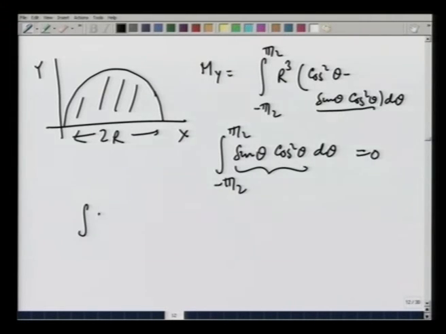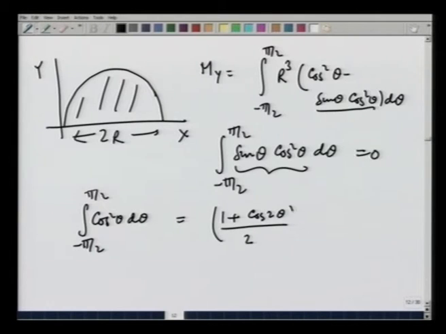And integration of cosine square theta d theta from minus pi by 2 to pi by 2 comes out to be the integral of 1 plus cosine 2 theta over 2 d theta, which is nothing but pi over 2.